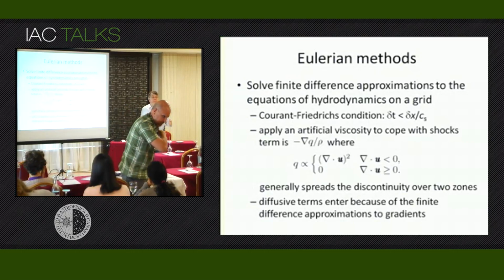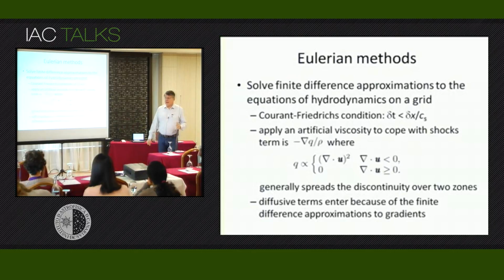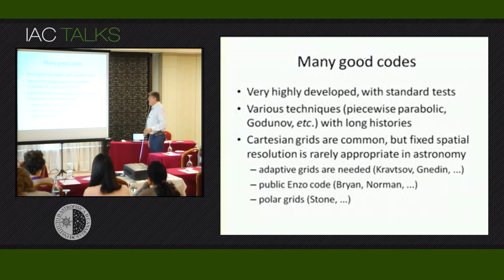There's nothing you can do about it. You do find that there is some viscosity and some diffusion of temperature, just because of the way in which you apply the equations. And so these diffusive terms appear, or at least you find that the fluid is diffusing slowly for numerical reasons.